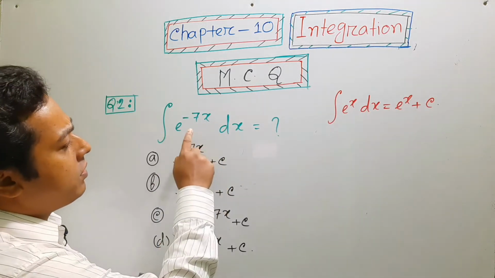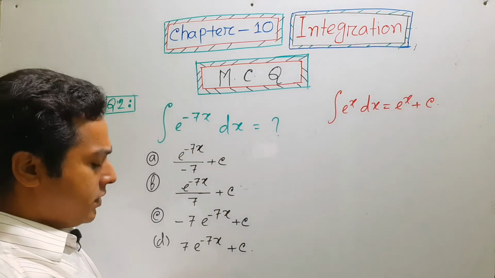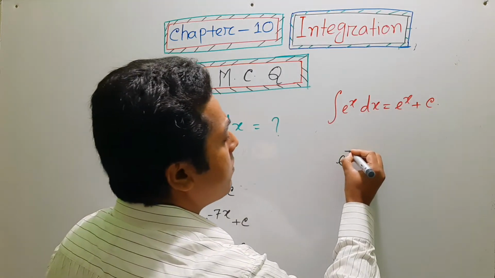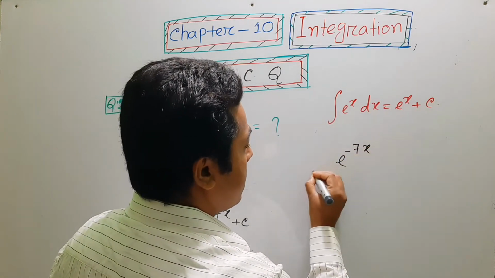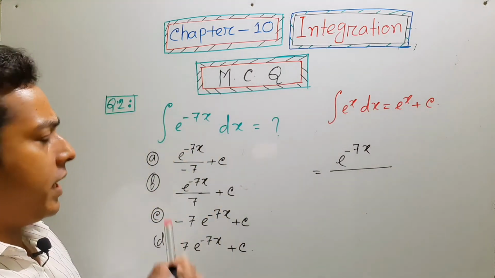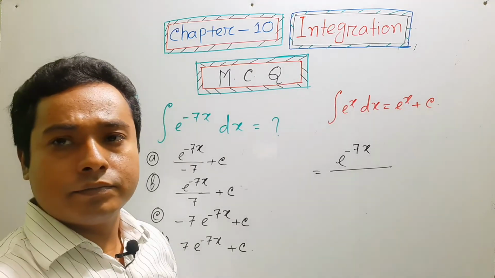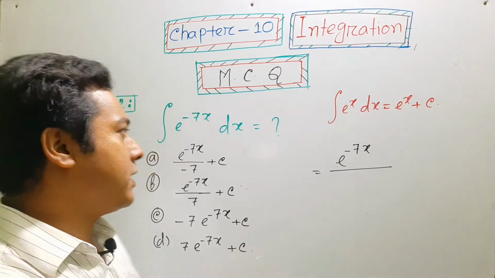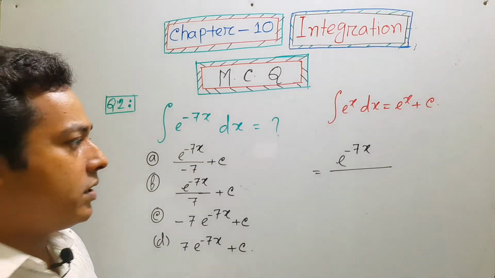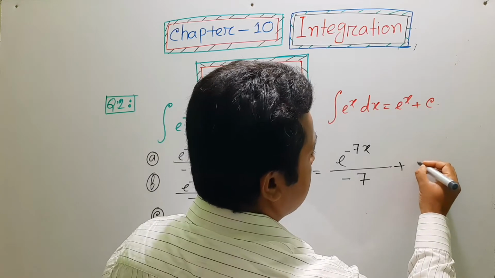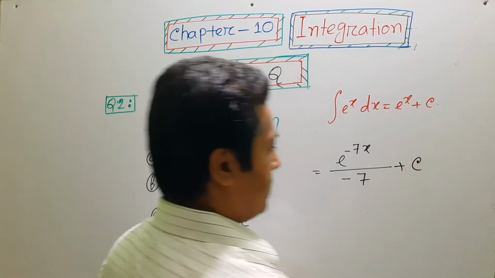So the integration is e to the power x, where x is minus 7x. And if any constant is involved with x, then the result of integration is divided by that constant. Here the constant is minus 7, so divided by minus 7 plus the integral constant c.